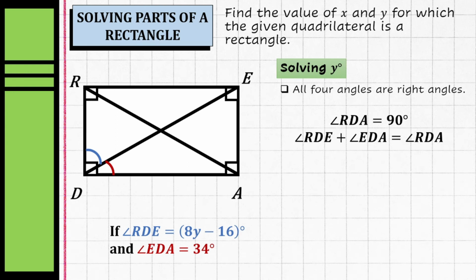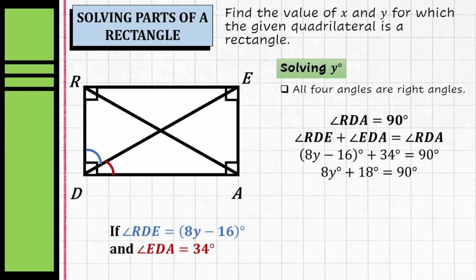So, we can just substitute the given measurement of each angle. We can say that 8y minus 16 plus 34 is equal to 90. Then let's combine like terms. We will have 8y plus 18 degrees is equal to 90 degrees.